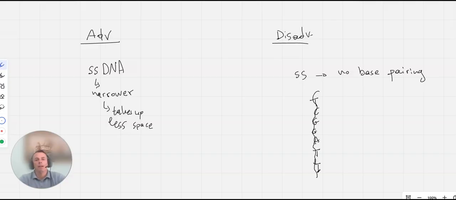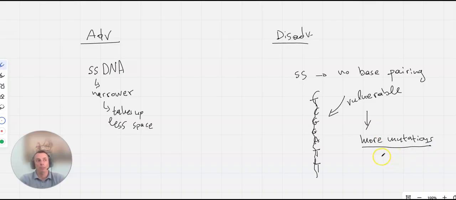It's vulnerable to chemical attacks, and when the molecule is unpaired, we've got more mutations.